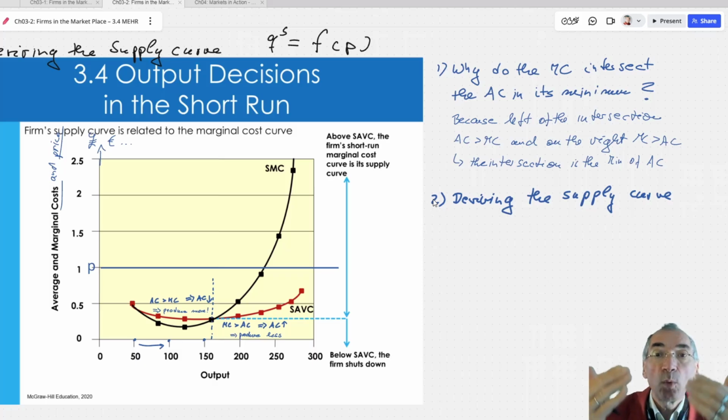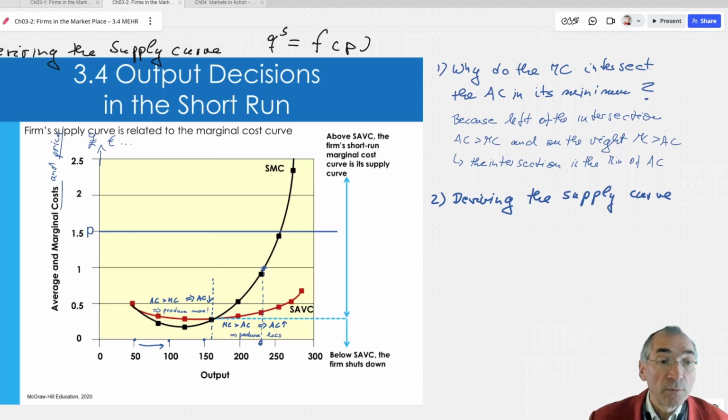If I sell one more unit, what is it that I get? And I compare this with, if I produce one more unit, what does it cost me? And in fact, at a price of €1, the firm would say, hey, we produce 230 units.